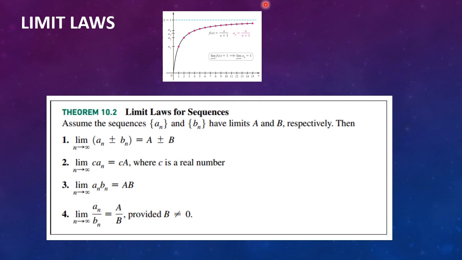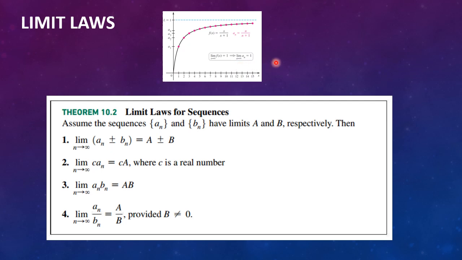So visually, you can see that there is a limit on this sequence. This sequence does converge to a specific value, in this case L equals 1. And then you can see that the limit of f of x equals 1, which correlates to the limit of a sub n equals 1 as well as n goes to infinity.